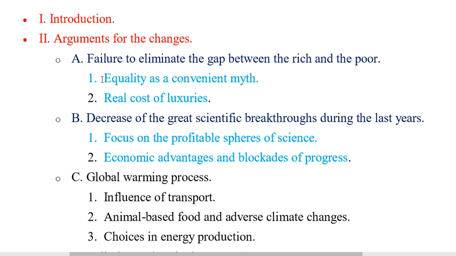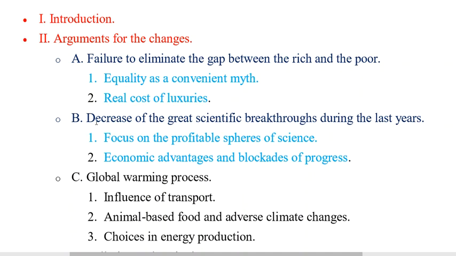And now see, it is the subdivision of the chapter A. Equality is a convenient myth. Number 2, real cost of luxuries. Fine. We should not mix it with B. Where A ends, the B starts.